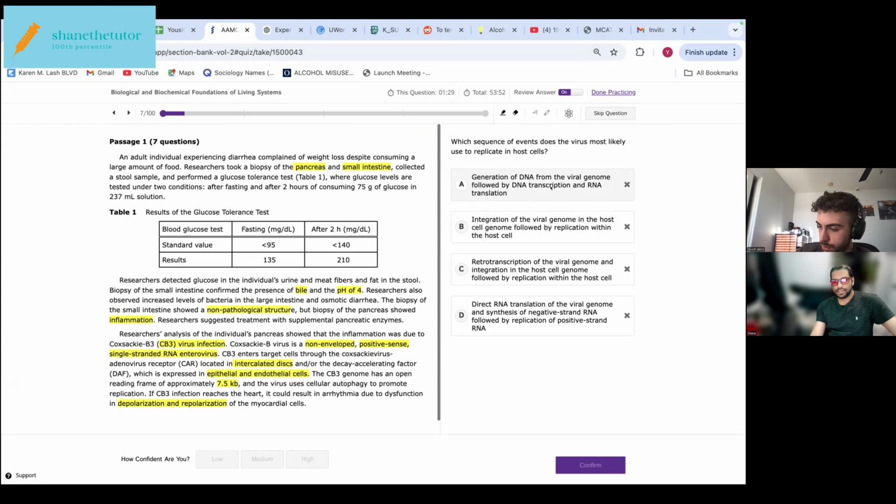So negative sense RNA is complementary, so it needs RNA polymerase to make the positive sense one, and then the positive sense one gets translated. Yep.